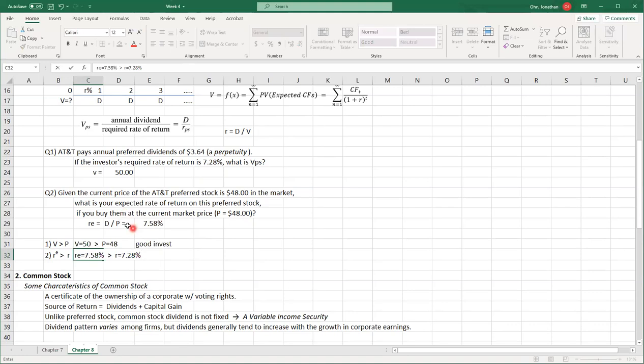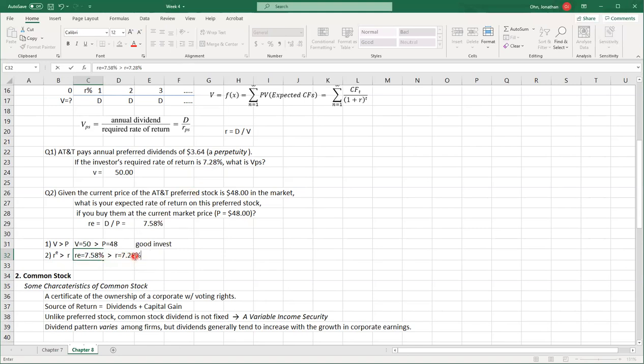If you buy at the current market price of $48, then your expected rate of return is 7.58%, which is higher than the required rate of return.